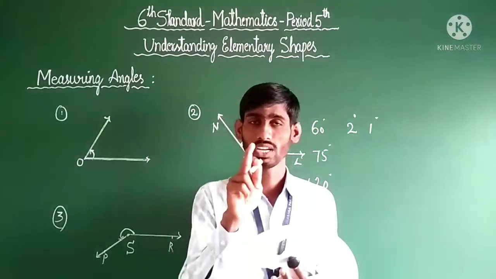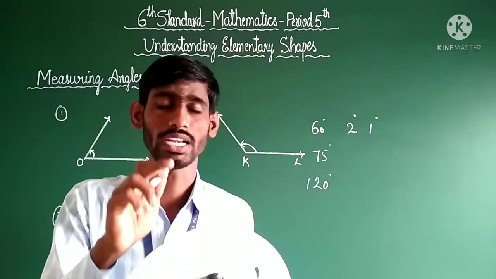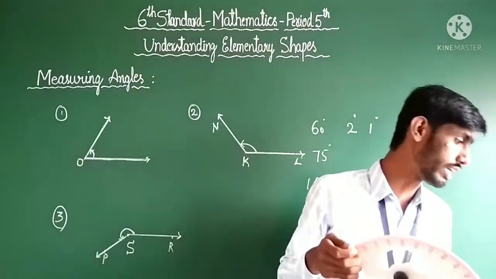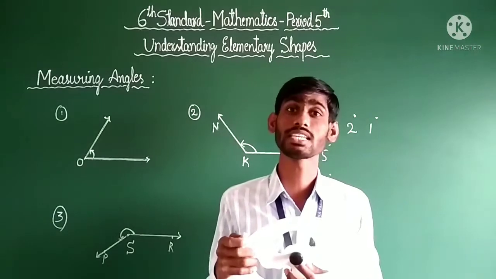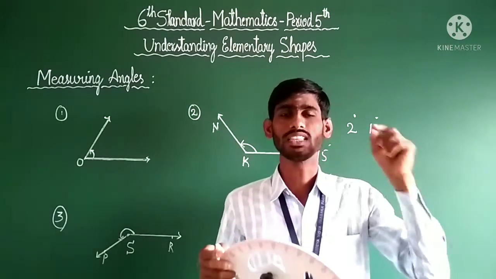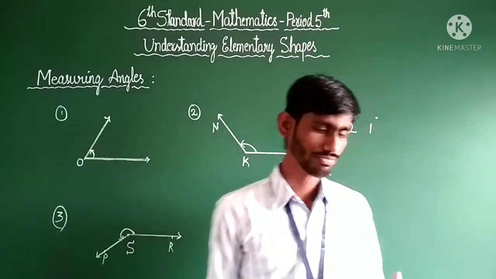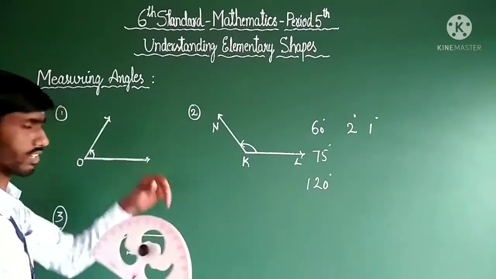There are 180 divisions. It means 180 degree. How many degrees are there in a full revolution? 360 divisions are 360 degree. Okay, dear children? With the help of the protractor, let us find out their measurement.